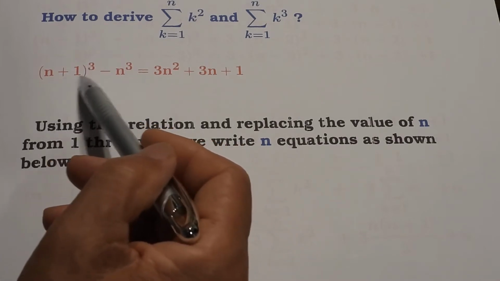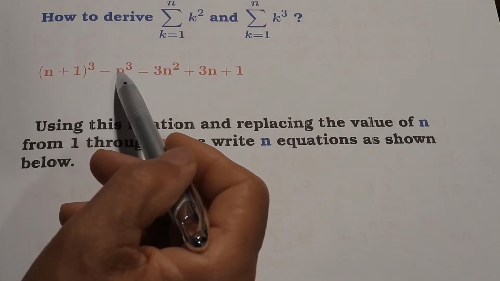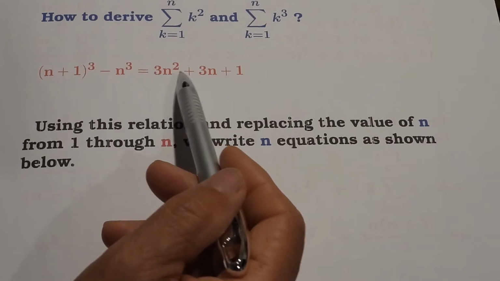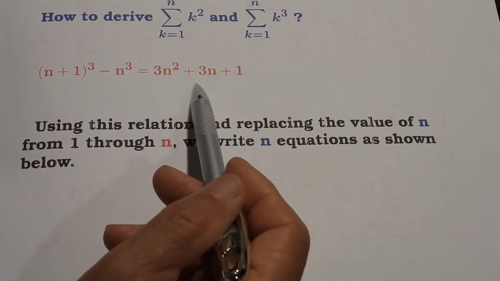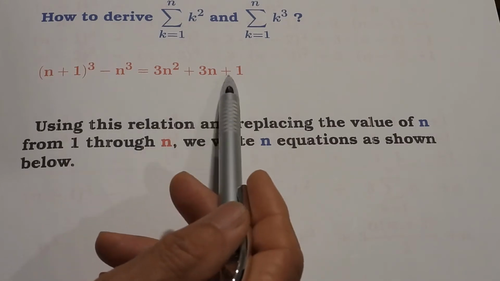When you multiply out here, you have n to the power, but you subtract with that. Finally, you have only 3n squared plus 3n plus 1 here. Okay? It's very important.